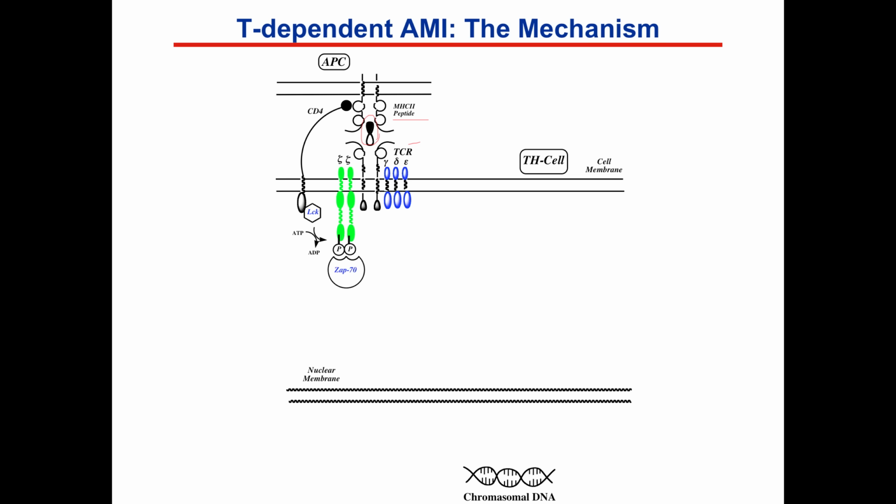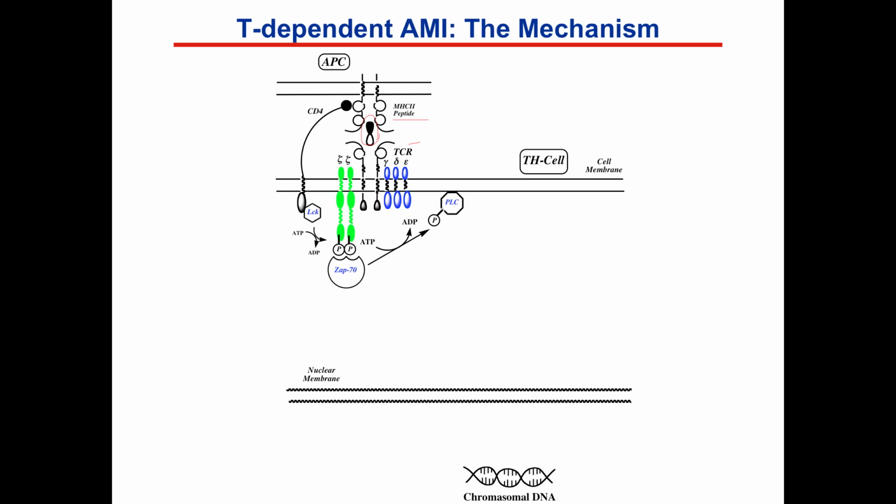That recruits a molecule called ZAP70 to the zeta chain, which actually binds to these phosphates. ZAP70 is important because it's also a kinase, and it phosphorylates phospholipase C, PLC.